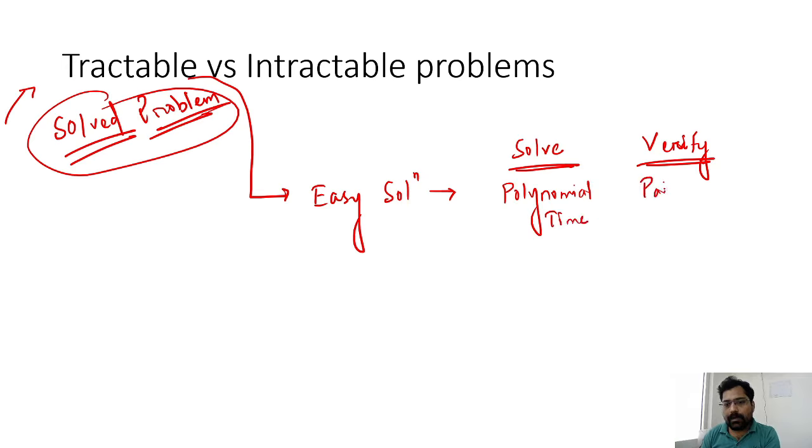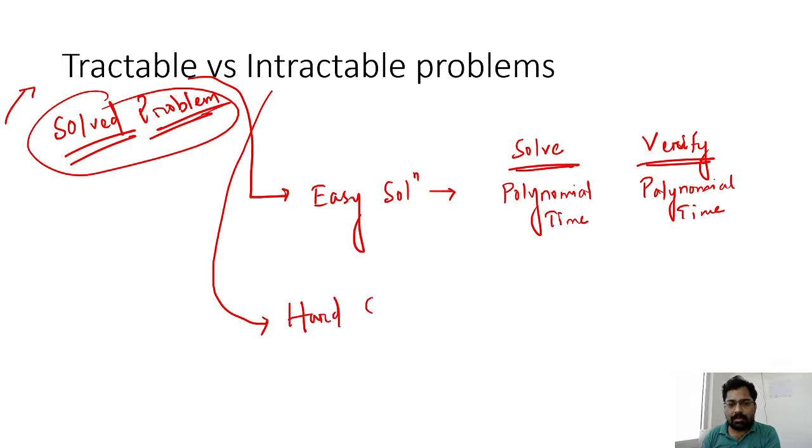Here also verify polynomial time. Intractable is not so easy, or it's better to say it's a hard solution, where it might be more than polynomial, or the better time complexity is considered as n to the power k.